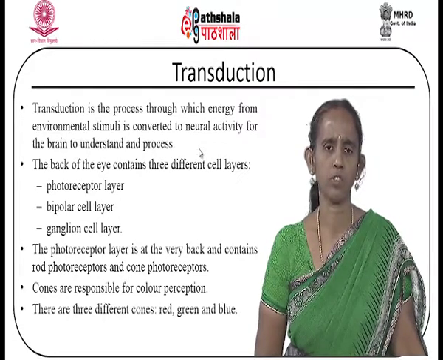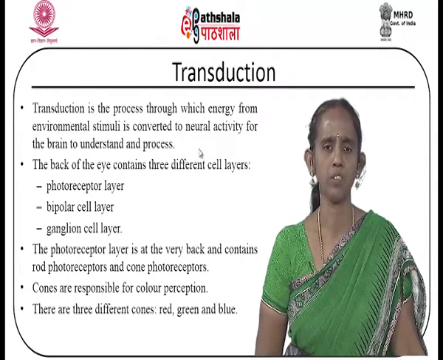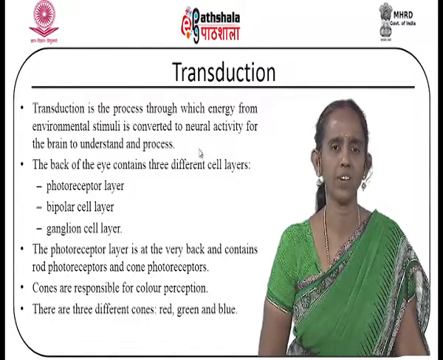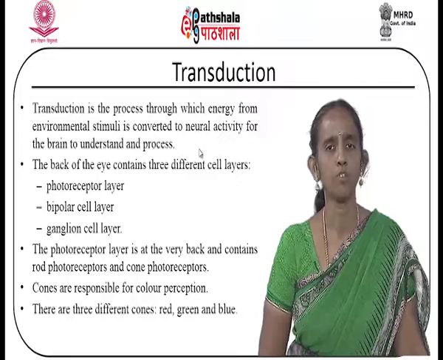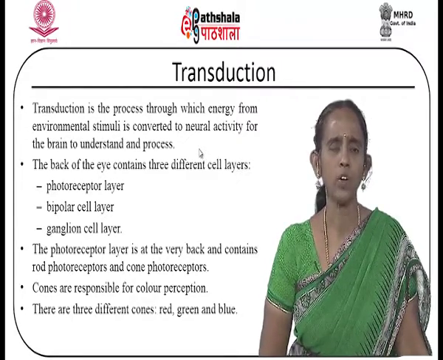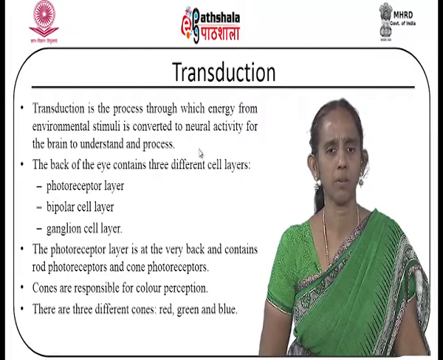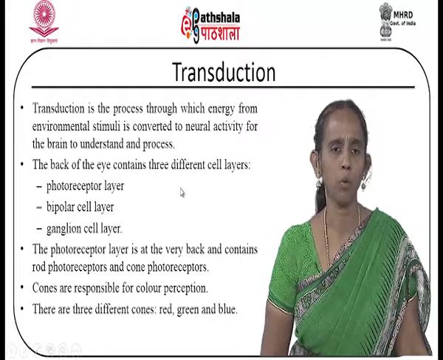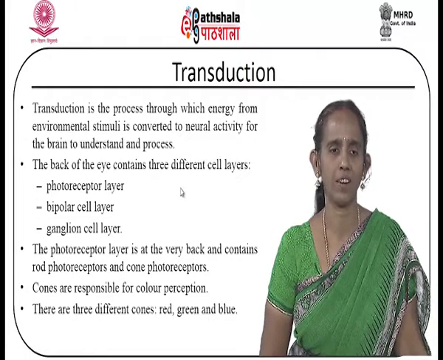There is a process called transduction, which is a process through which the energy from environmental stimuli is converted to neural activity for the brain to understand and process the information. The back of the eye contains 3 different types of cell layers, namely the photoreceptor layer, the bipolar cell layer and the ganglion cell layer.